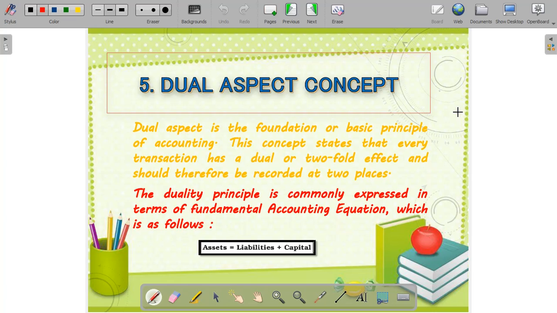We have to prepare the accounting equation on the basis of the dual aspect concept, because every transaction will have a twofold effect, and the effect of every transaction has to be recorded at two places. So when we study the accounting equation, that is, assets equal liabilities plus capital, this is solely based on the dual aspect concept, right? In other words, we can say that for every debit, there is a credit of equal amount in one or more accounts, and vice versa. The system of recording transactions on this principle is termed the dual entry system.